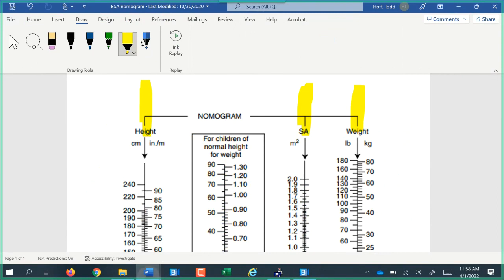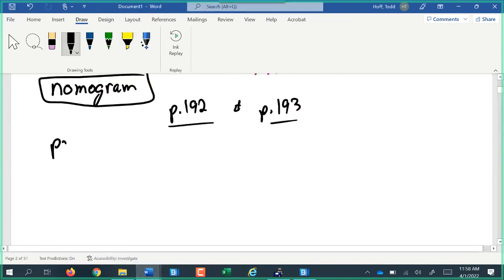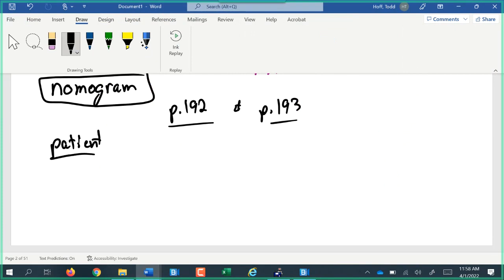So let's take a peek at a patient here who has, let's say, a height of 132 centimeters. Actually, let's do this one. A height of 64 inches. We'll start off with that. And a weight of 115 pounds.